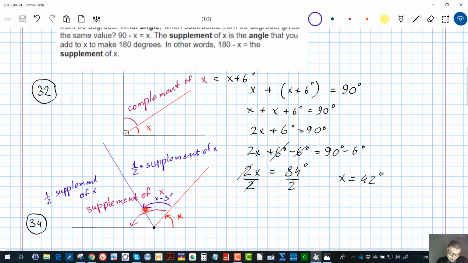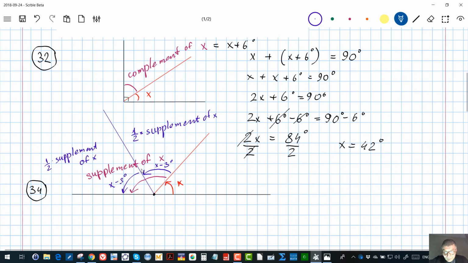And then we know that the other part, the other half, is of course the same. It's also x minus 3 degrees. And now all we do is add one thing to another and to the third thing, and we get what do we get as a sum? 180 degrees. That's our equation.